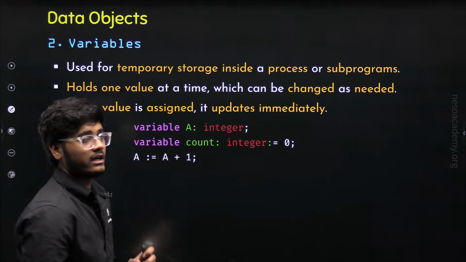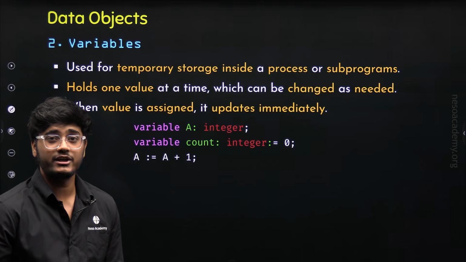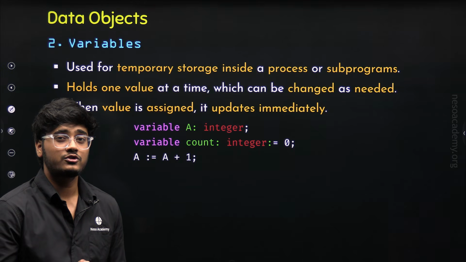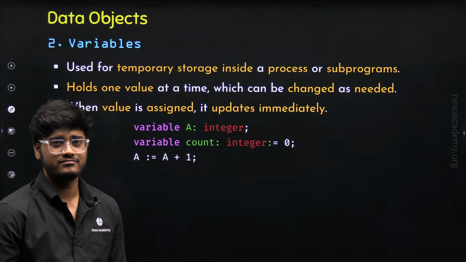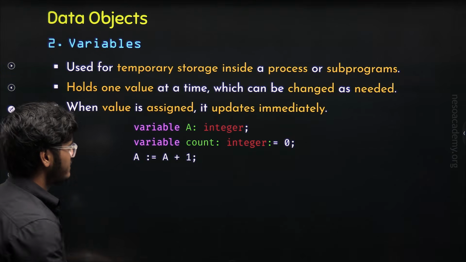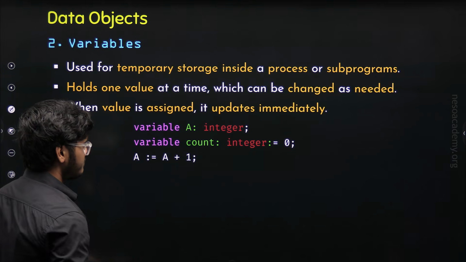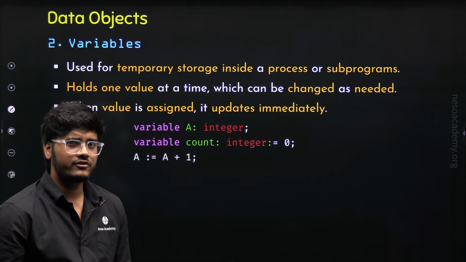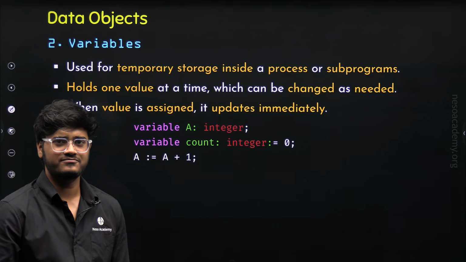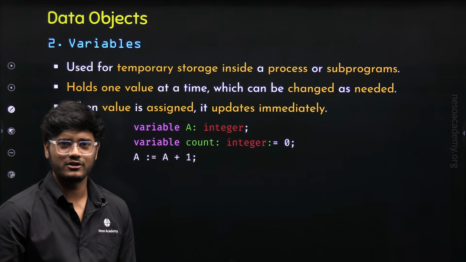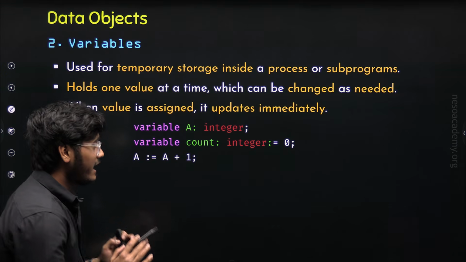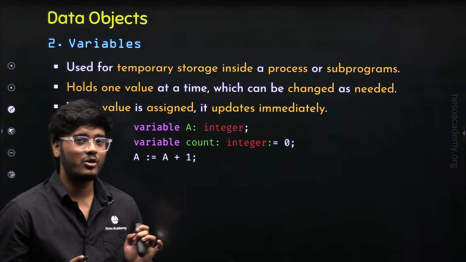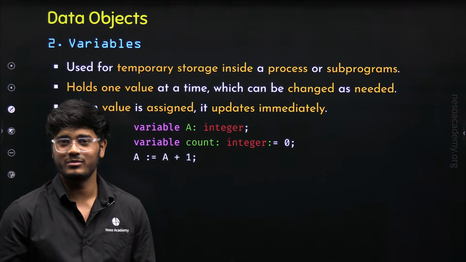Colon equals to is called the variable assignment operator, which is used to assign immediate values, which means if I write this statement twice, a is assigned a plus 1. Will it increase by 2 immediately? Yes, because variables update instantly. So I hope you understand what variables are.